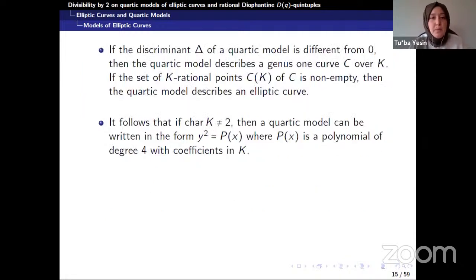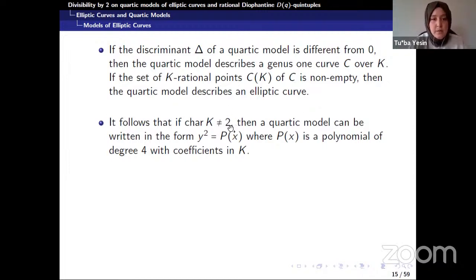We can say the same thing as with the Weierstrass equation. If the discriminant of this quartic model is non-zero, then this model describes a genus 1 curve C over K. And if there is at least one rational point on this curve, that means the set of K-rational points of C is non-empty, then this quartic model describes an elliptic curve.